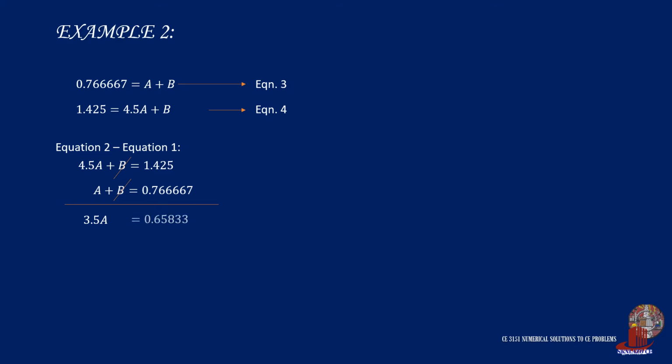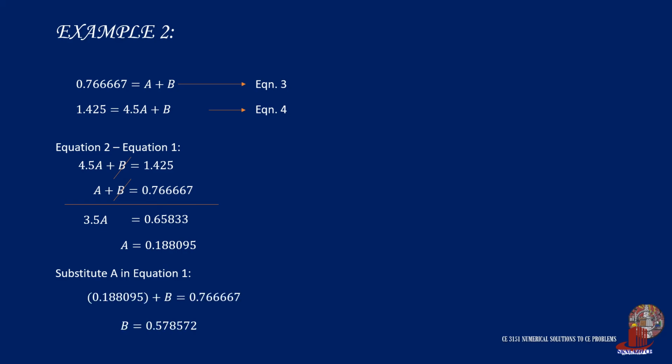The first and second equations are determined, and by subtracting equation 1 from equation 2, we would have 3.5a is equal to 0.65833. Thus, a is taken as 0.188095. By plugging this value into any of the equations, say equation 1 for this case, b is then computed as 0.578572.